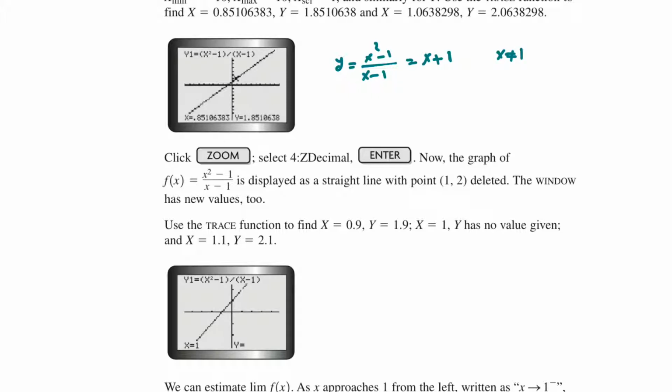Therefore, the graph of y equals (x² minus 1) over (x minus 1) is a straight line and it is undefined at x equals 1. By looking at the graph, we'll see as x approaches 1, f of x approaches 2.